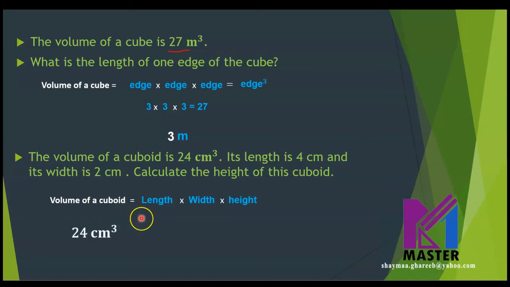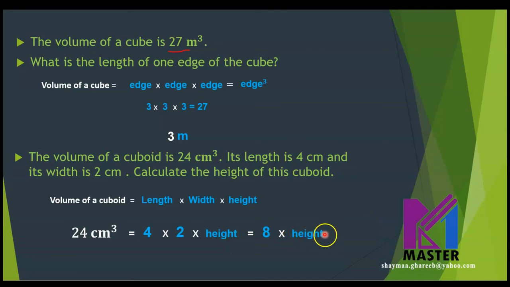So I can say that the volume, which is 24, equals length times width times height, which is 4 times 2 times the height. I still don't know the height, so I will continue the calculations. So 24 equals 4 times 2, which is 8. So we can say 24 equals 8 times the height.